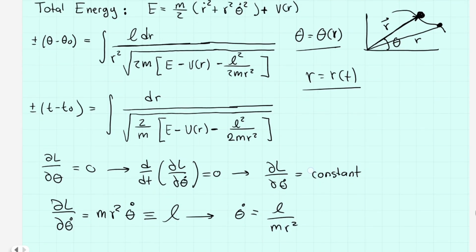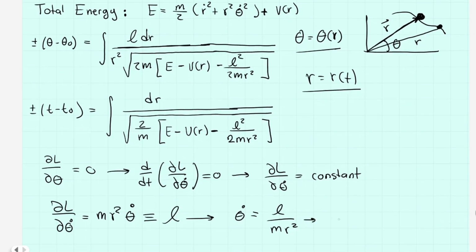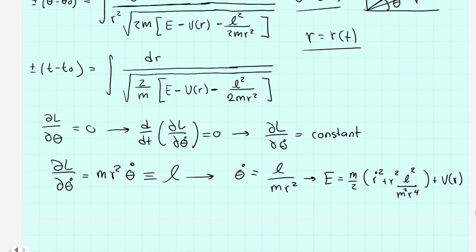Taking the expression that we found for the energy, we are going to get that the energy is m over 2 times r dot squared plus r squared theta dot squared, but that is L squared over m squared r to the fourth, plus V of r. So we can cancel this r squared with this r to the 4 to get r squared here.